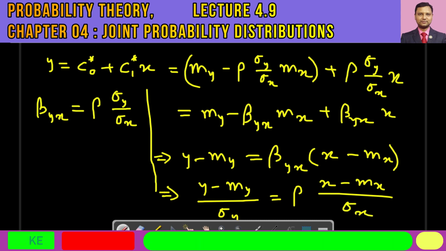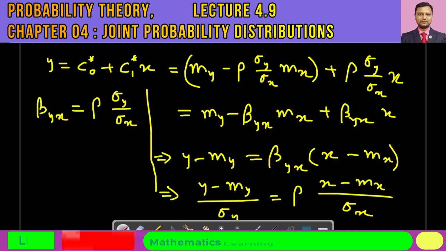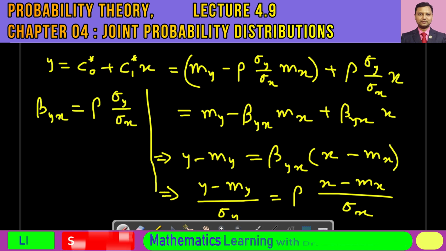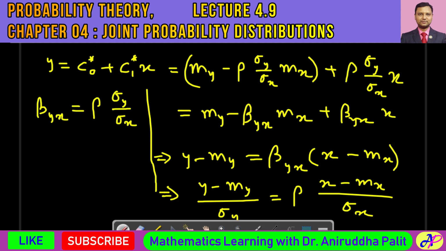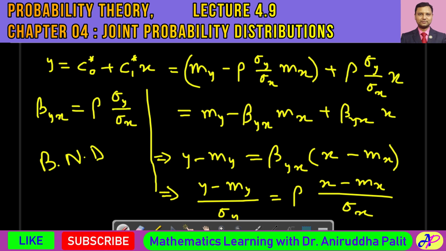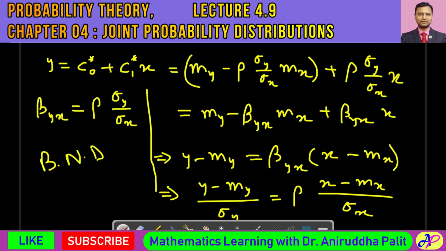So you observe that this is the same expression of the regression curve of y on x in case of bivariate normal distribution. Although this method of least squares was deduced for any arbitrary distribution, from this result we can say that particularly in case of bivariate normal distribution, the regression curve of y on x coincides with this line obtained from the method of least squares.